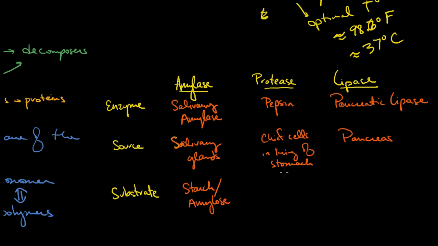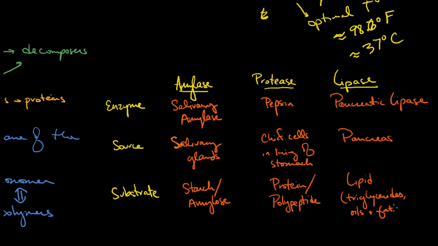For pepsin, all you need to know is protein. It's a generic term, but you might have heard the word polypeptide, so you could use that as well. And for lipase, these are lipids, but specifically triglycerides, like oils and fats.